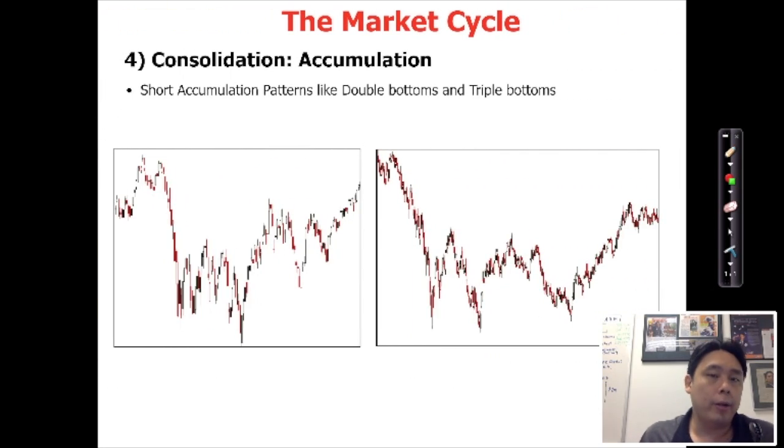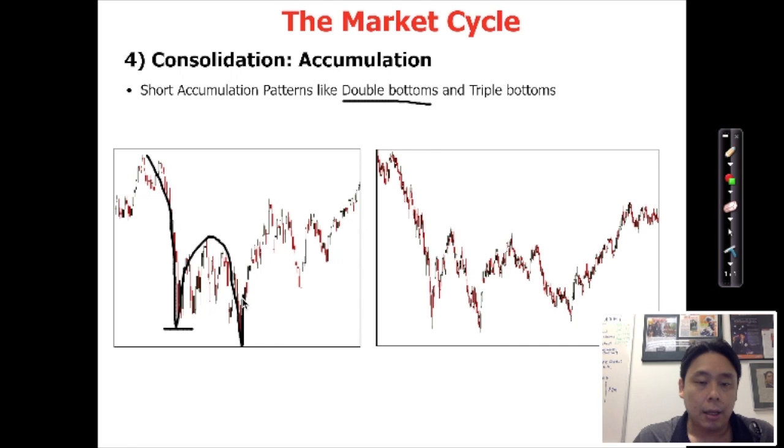So again, during this consolidation, accumulation phase before the uptrend, there are some repeatable patterns that you may see. One would be the double bottom pattern, okay, where the price comes down, makes a low, and then comes down and makes a slightly lower low, okay? So it's a double bottom.